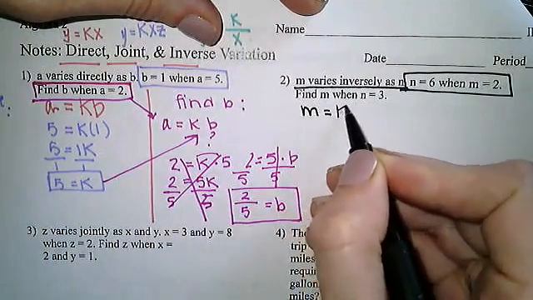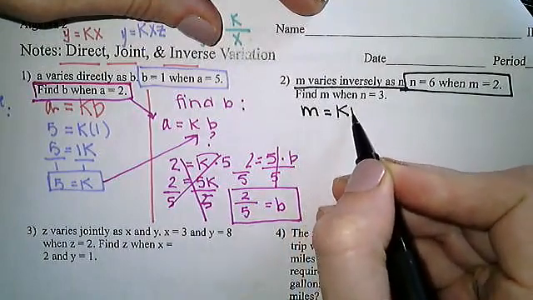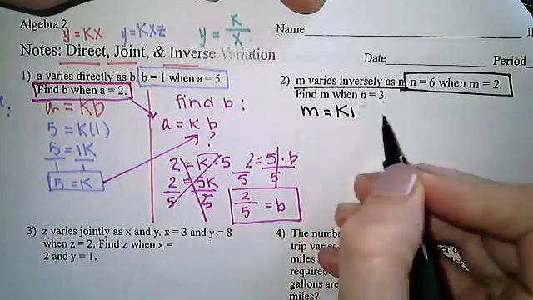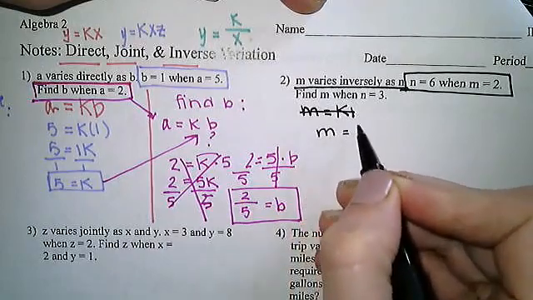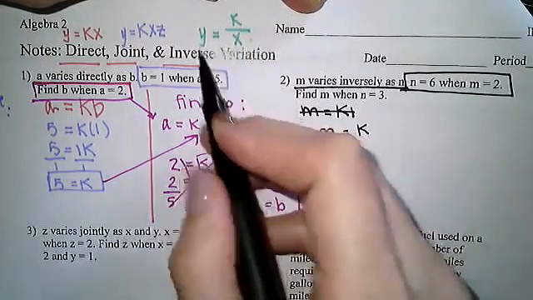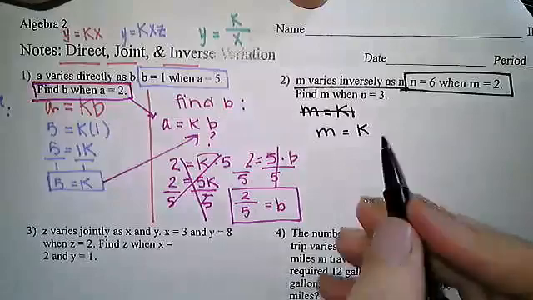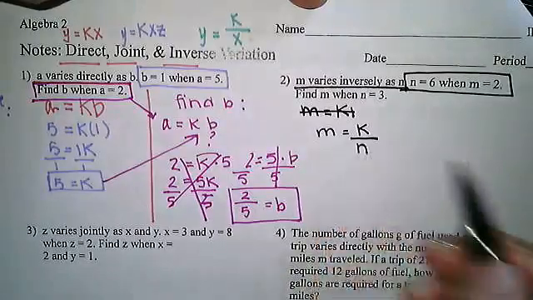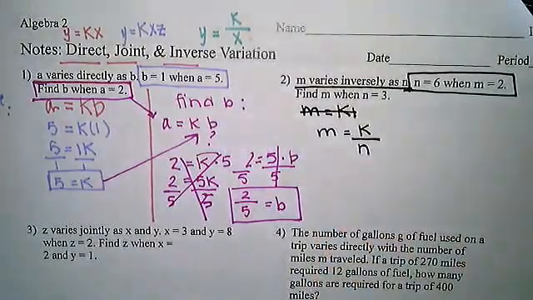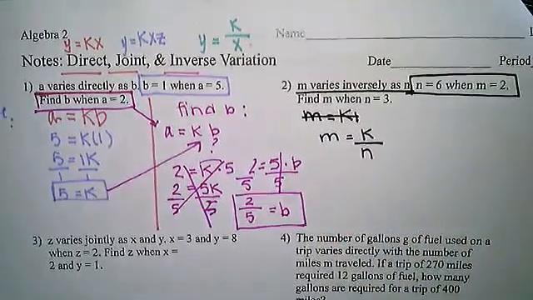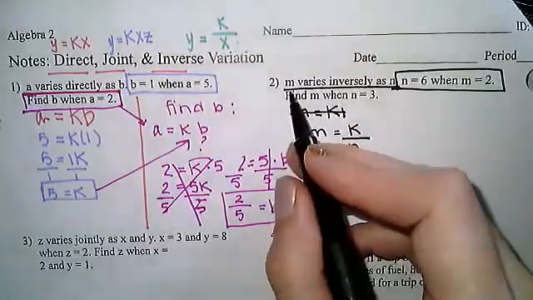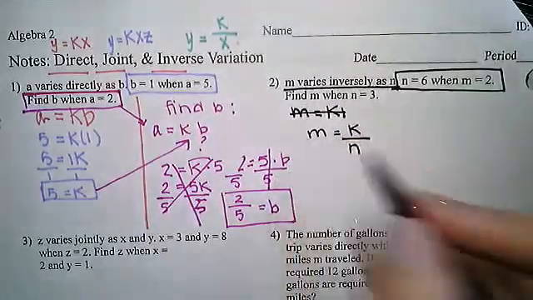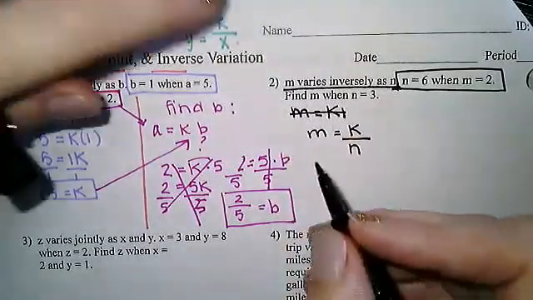So it's M equals K. And then since it's inversely, instead of multiplication, it's going to be M equals K, like we see here for inverse, over N. So that word inversely indicates inverse variation. The K is always on top, and whatever letters you have go in there in whatever order.